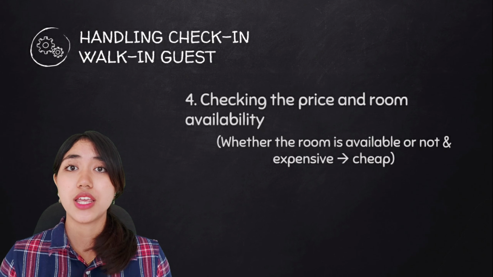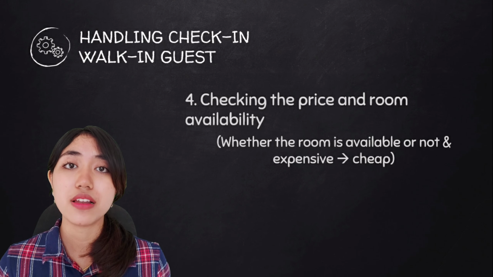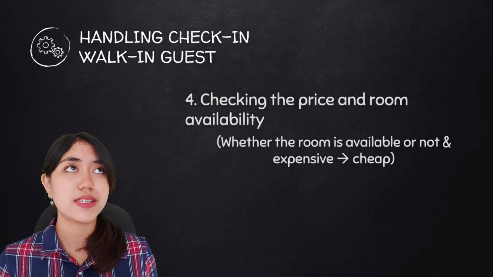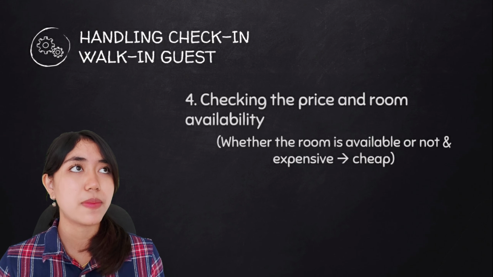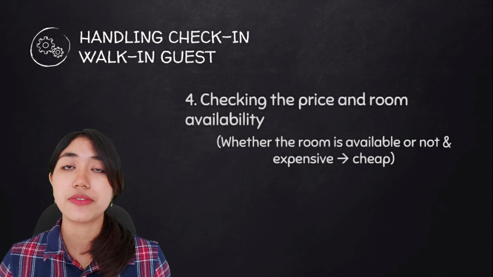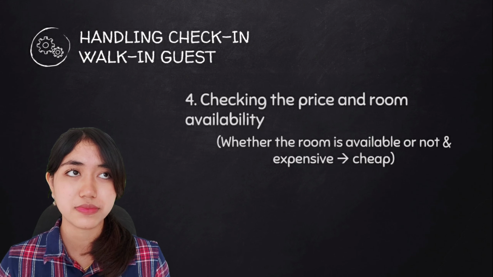Okay, the fourth step is checking the price and the room availability. In this stage, the front office staff will check whether the room selected by the guest is available or not, and the front office also tells about the price of the room.